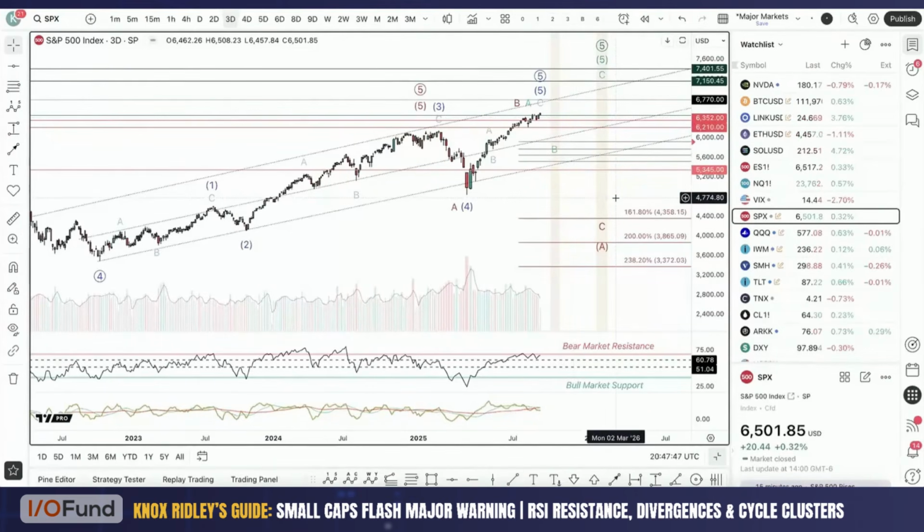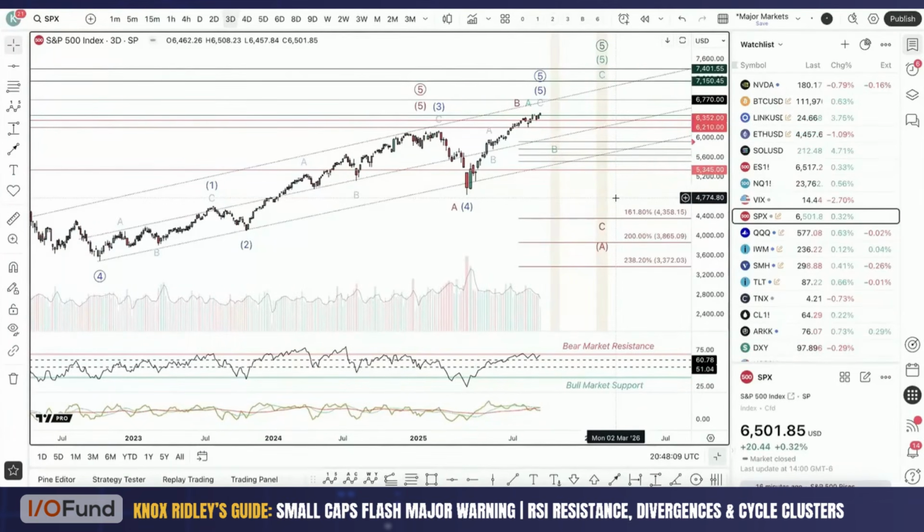It's usually not that easy, but that's basically what we're looking for here. We're going to get 3 waves down likely. And once that bottoms and we get a corrective bounce, whether it's shallow or big, what that bounce will be is going to be very important.